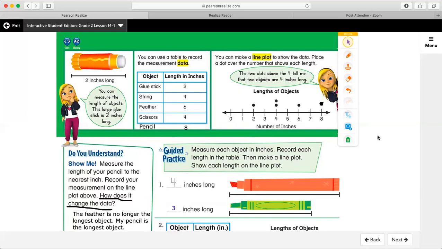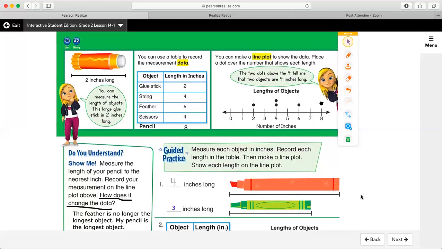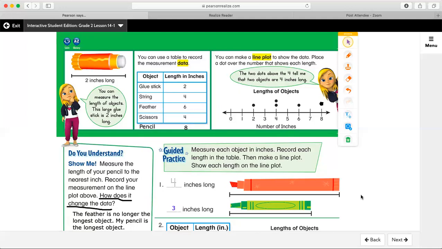And now for some reason, my computer screen will not let me scroll up, but you are going to fill in the chart here with object in length in inches, very similar to this chart. You're going to use the marker and the crayon as your objects. And then there's a number line below here. You're going to use that and the length of those objects to plot your points on your line plot. Okay, so you can pause your video now and you can do that.